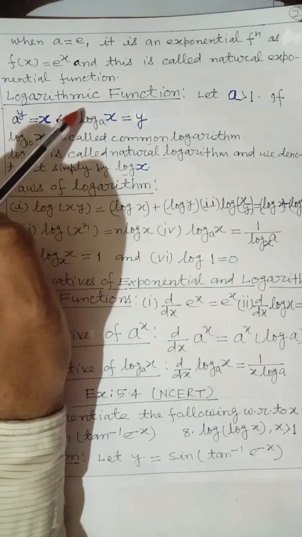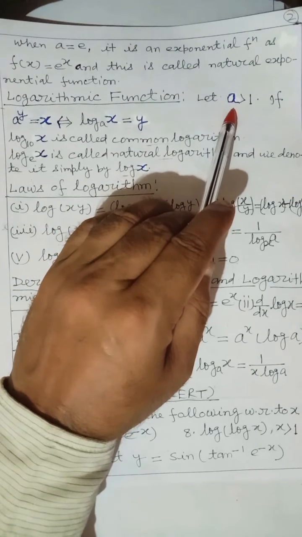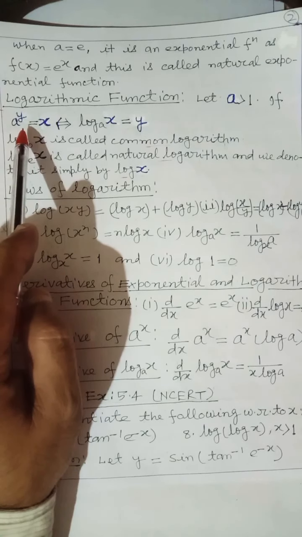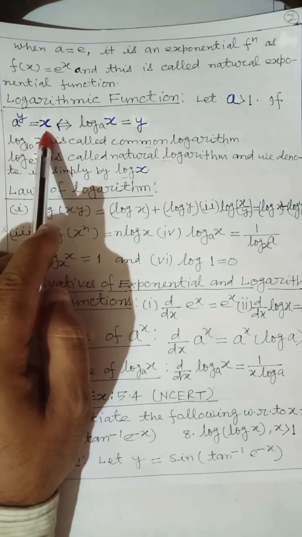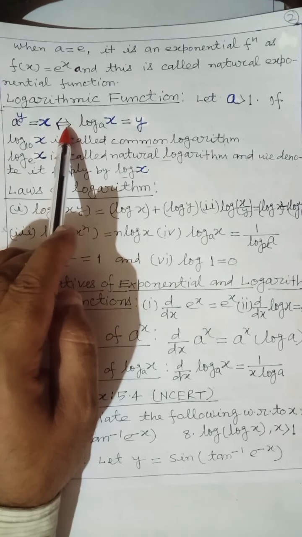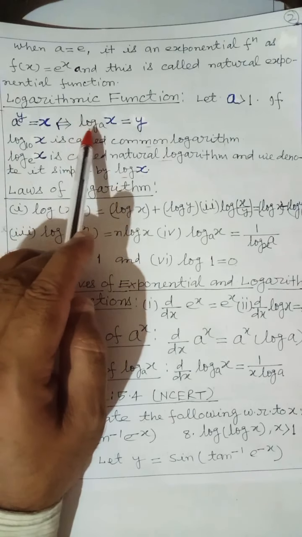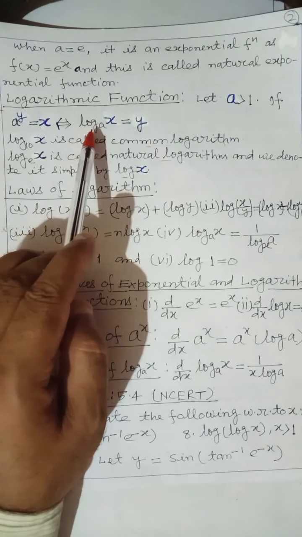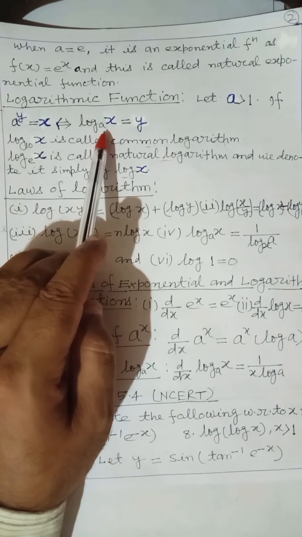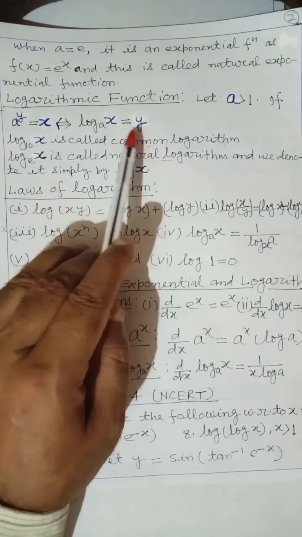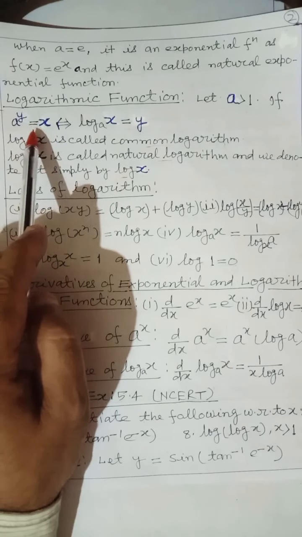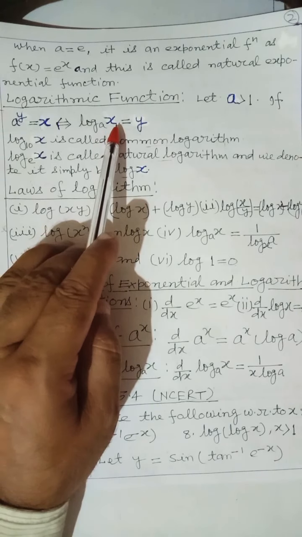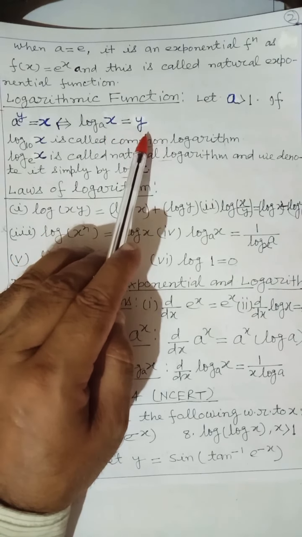Logarithmic function: let a be greater than 1. If a to the power y is equal to x, then logarithm of x with respect to the base a equal to y, that is, a to the power y equal to x if and only if log x to the base a is equal to y.